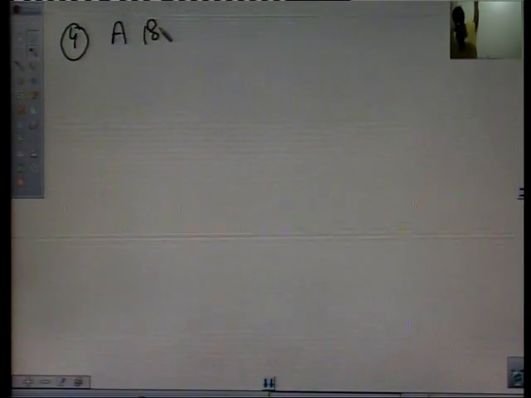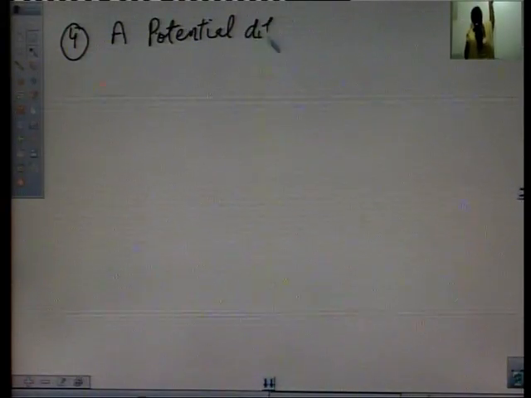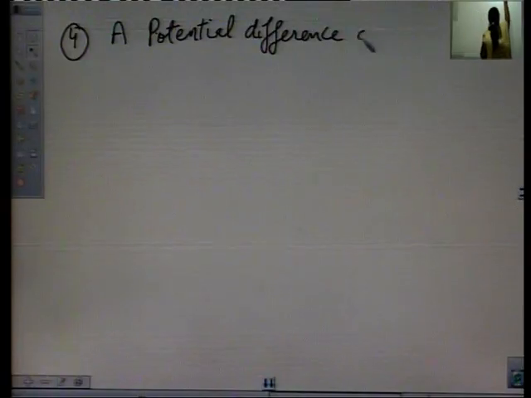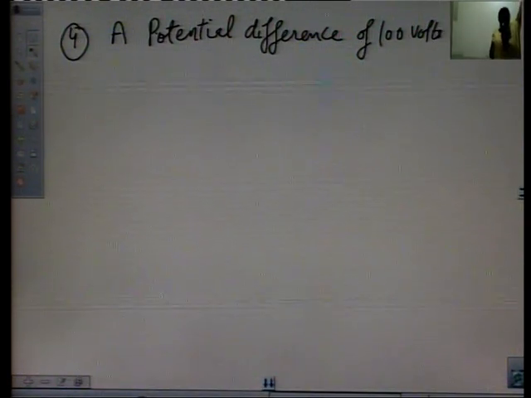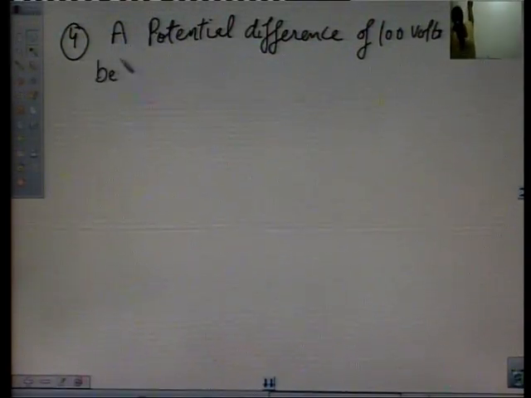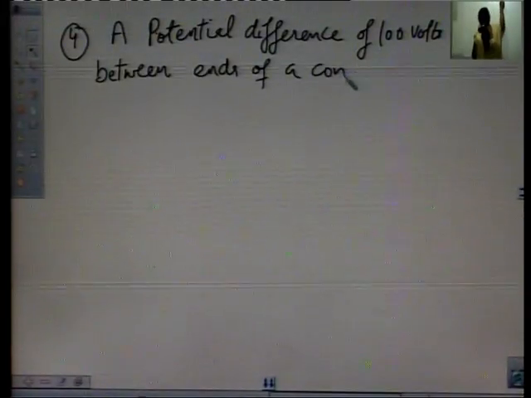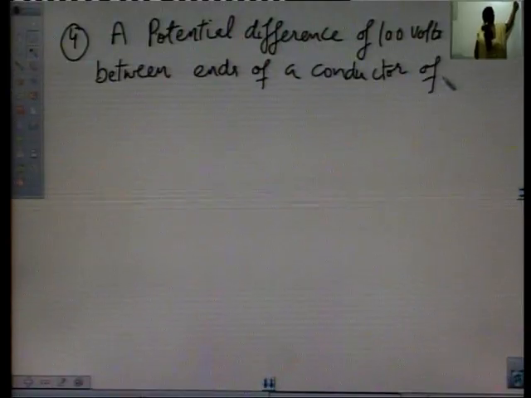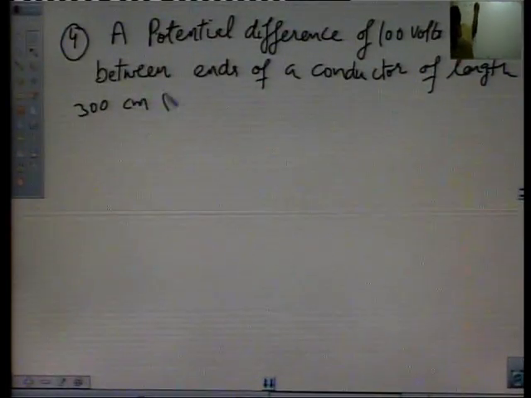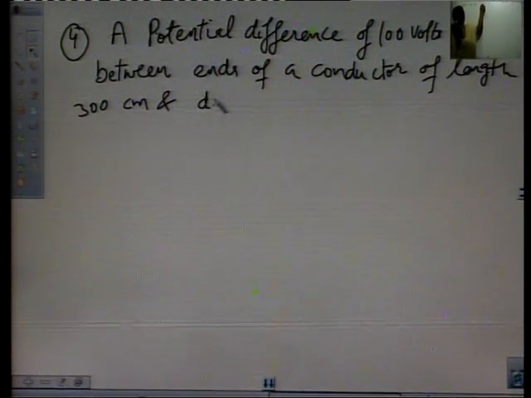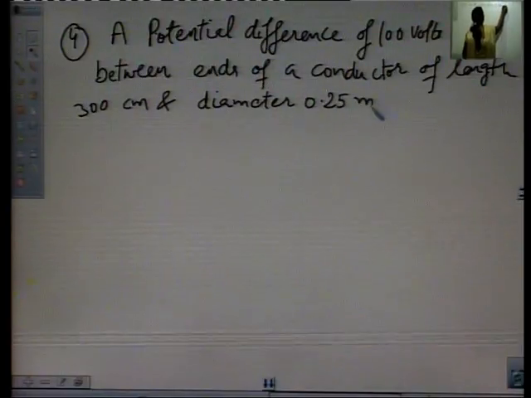A potential difference of 100 volts exists between ends of a conductor of length 300 centimeter and diameter 0.25 millimeter.